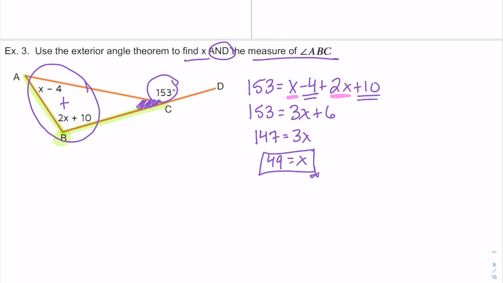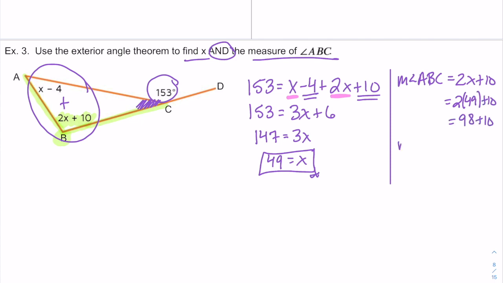And so what we're really trying to find is the value of the angle at B, which is 2x plus 10. So then for the second half of my problem, the measure of angle ABC, we need to find the value of 2x plus 10. We know x is 49, so that would be 2 times 49 plus 10, so 98 plus 10. So the measure of angle ABC is 108 degrees.